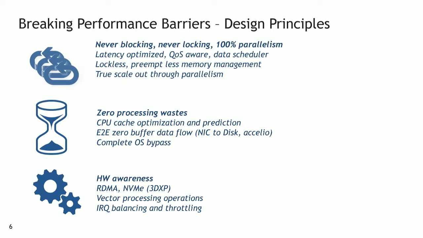And last but not least, something that is dear to everyone that has touched network technologies in their career: balancing IRQs, throttling IRQs, making sure that the CPU is working as much as possible on meaningful work.